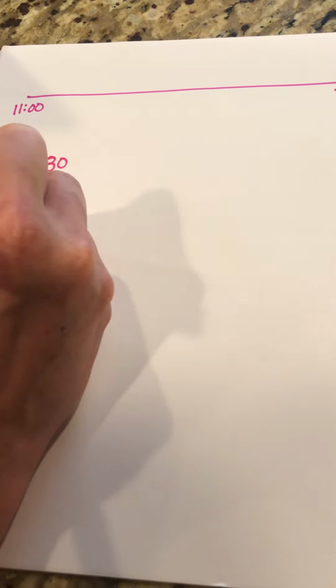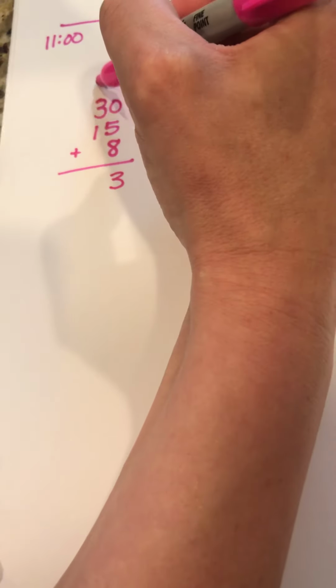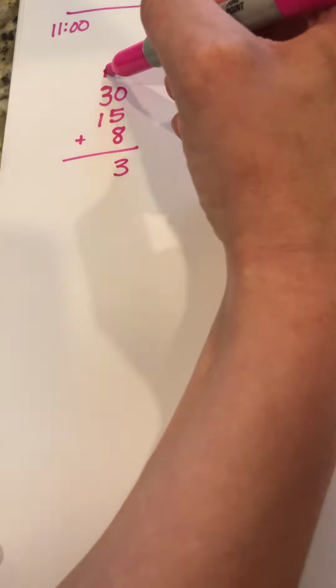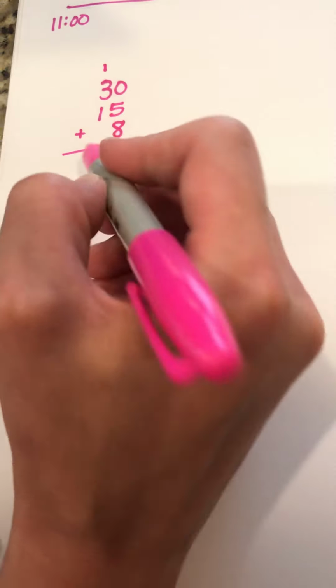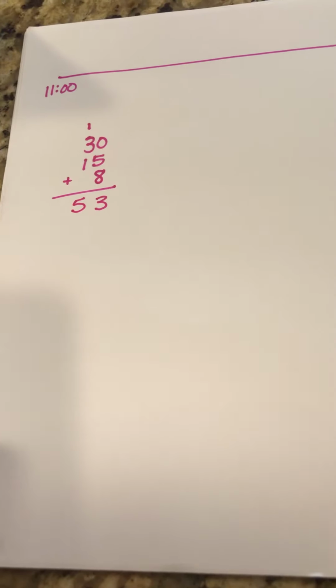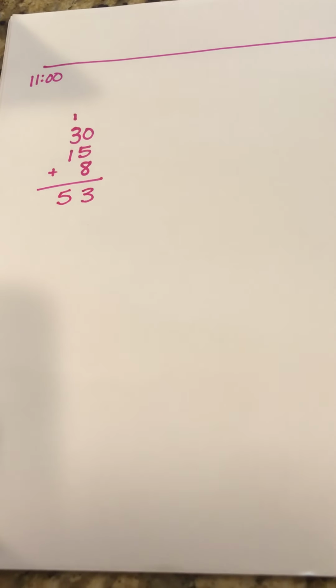Okay, and then I can determine what the easiest time increments to jump are. So 5 plus 8 is 13, so 3, carry your 1. 3 plus 1 is 4, plus 1 is 5. So they spent a total of 53 minutes doing the 3 activities before going back to class.